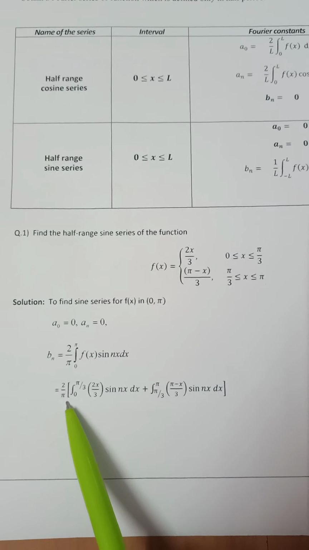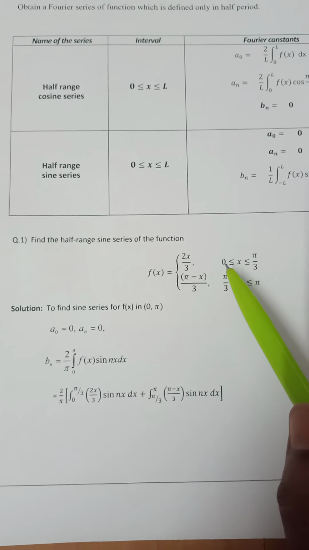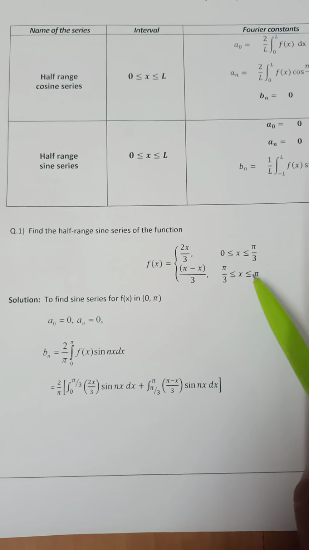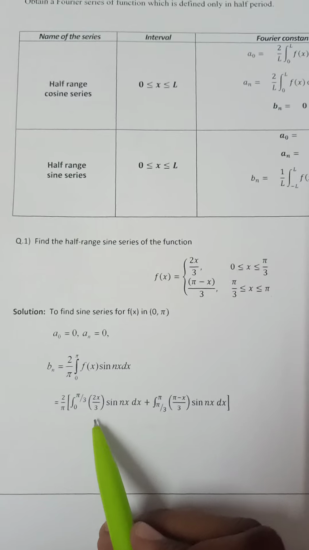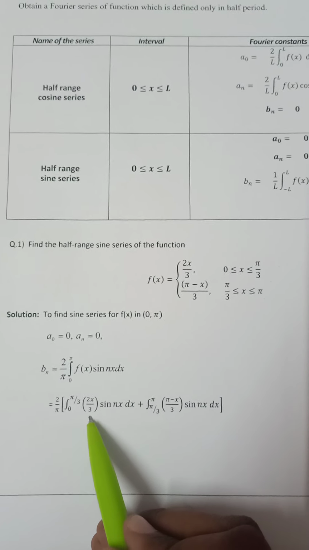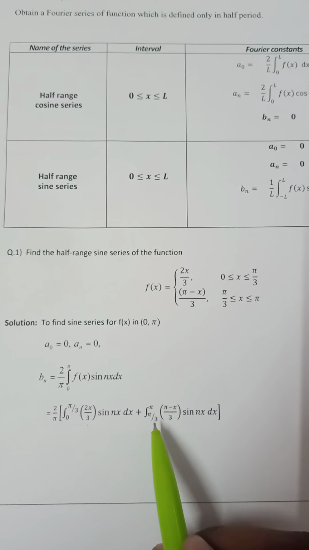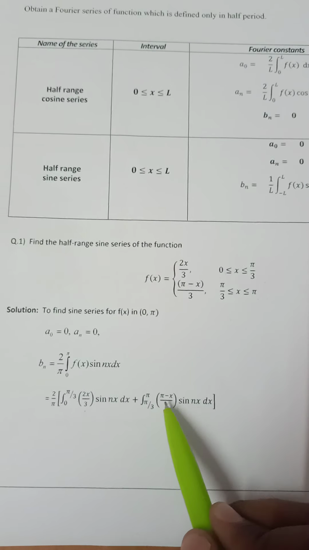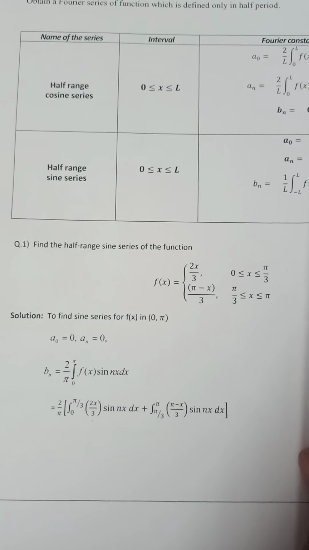Now this is equal to 2 upon pi integration, where the given interval is divided into two parts, 0 to pi by 3 and pi by 3 to pi. So we divide the integral also into two parts. In 0 to pi by 3, f of x is 2x by 3 times sine nx dx, and in pi by 3 to pi the function is pi minus x upon 3 times sine nx dx.